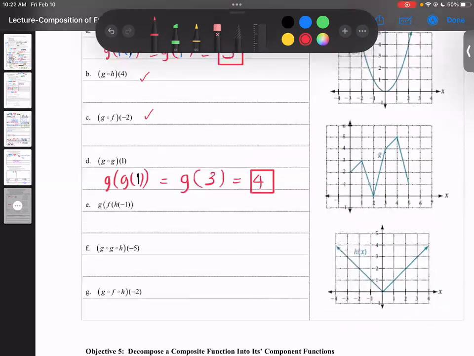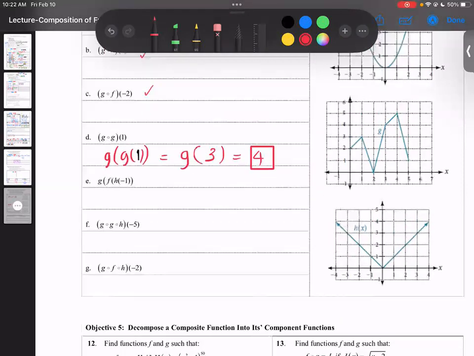Oh, that's H. Okay. E. What's H of negative 1? H of negative 1 is 1. Right. So let me write it like that. So equal G of F of H of negative 1. There's a lot of color.